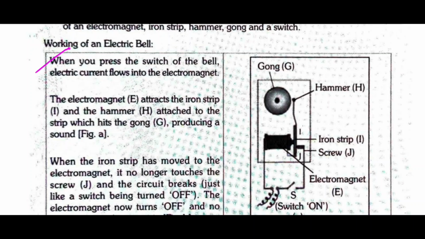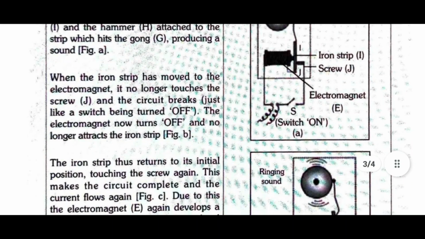When you press the switch of the bell, electric current flows into the electromagnet. The electromagnet attracts the iron strip and the hammer attached to the strip hits the gong producing a sound. This is the hammer, this is the gong, this is the iron strip and the screw, and the electromagnet.